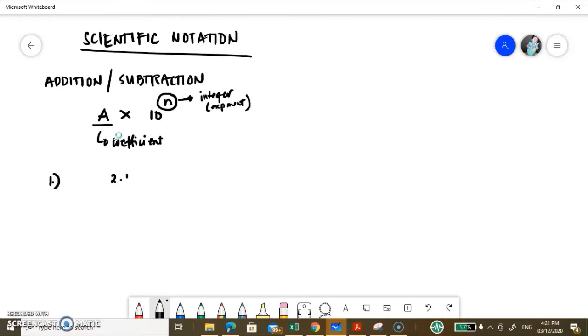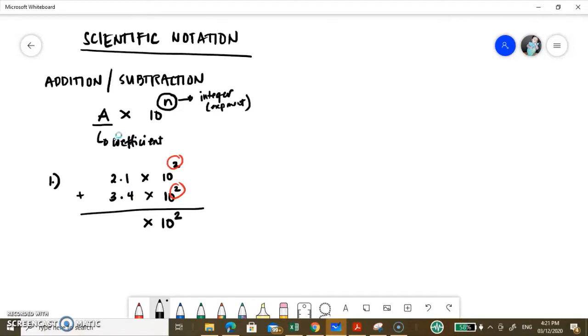If you have 2.1 times 10 raised to 2, or 10 squared, plus 3.4 times 10 squared. So, first you have to check if the exponents are the same. So, in this example, parehas. So, ang gagawin lang natin yan is you just have to copy times 10 squared.